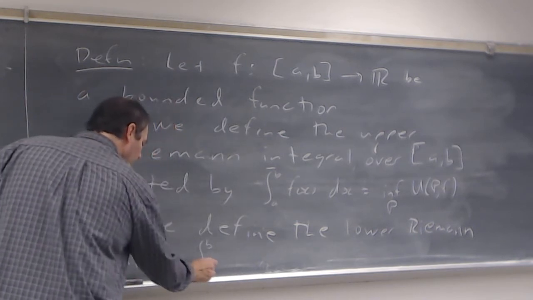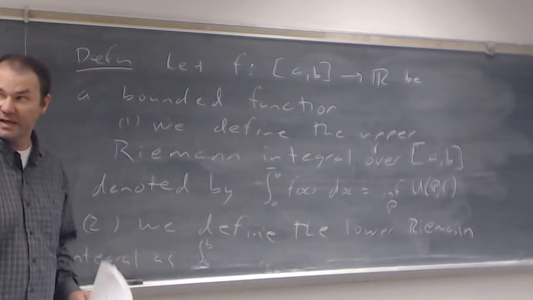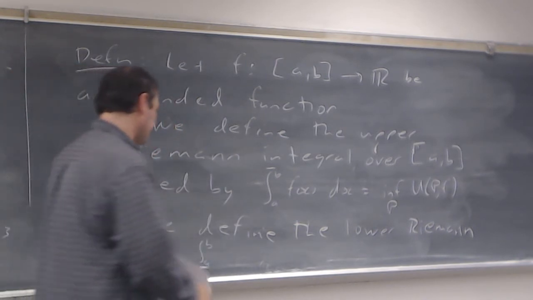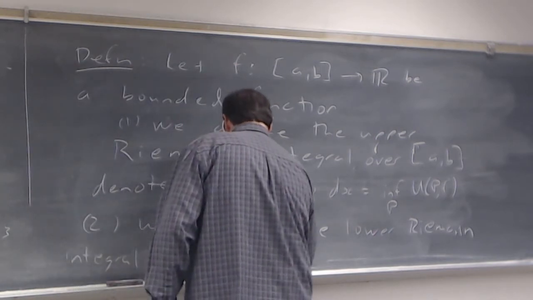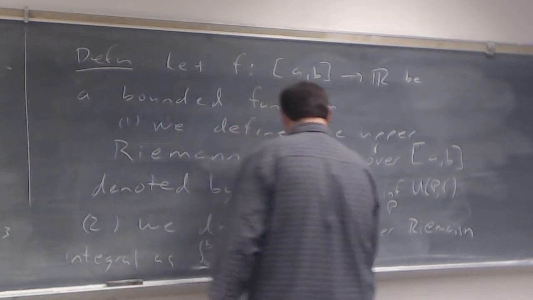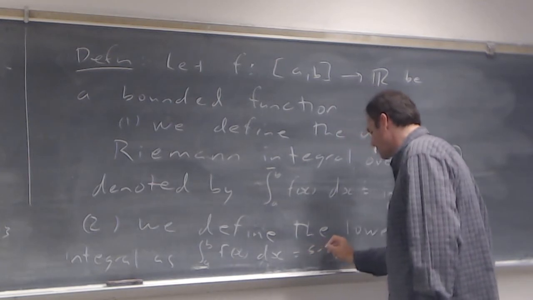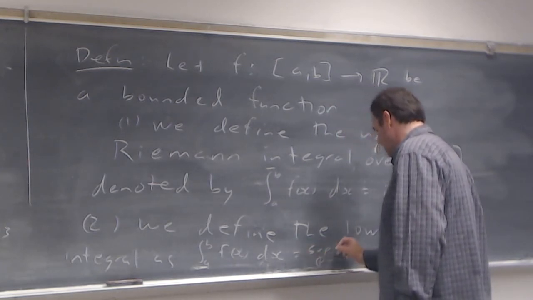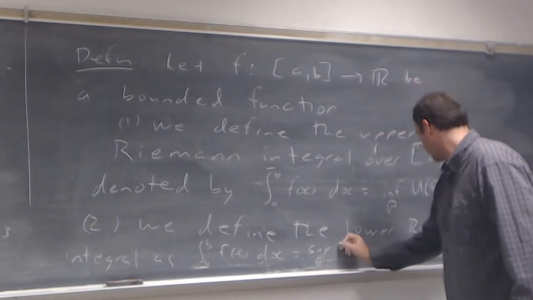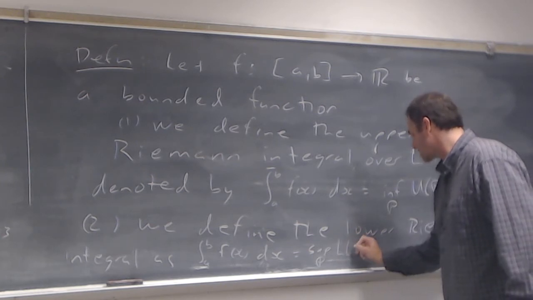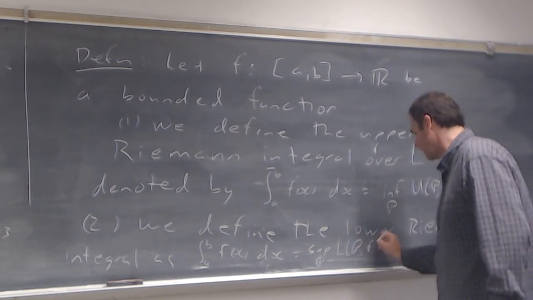We put a little bar at the lower part of the integral sign for the lower integral of f of x dx. That's equal to the supremum over all partitions of a to b, just like before, of the lower sums L of P, f.